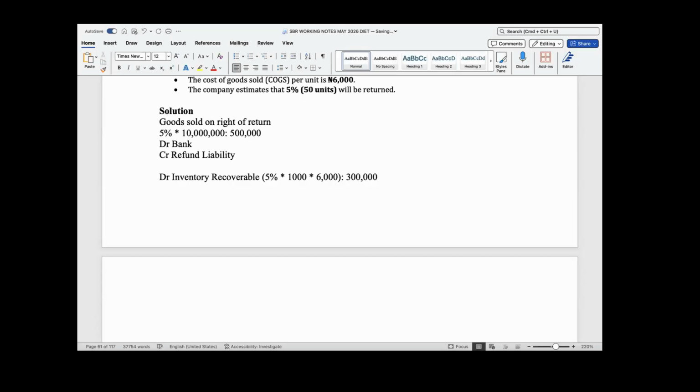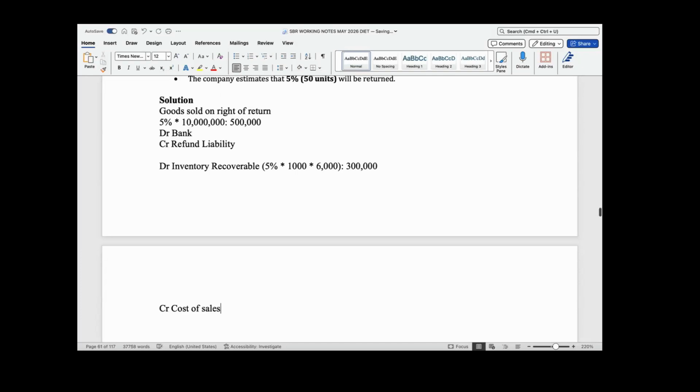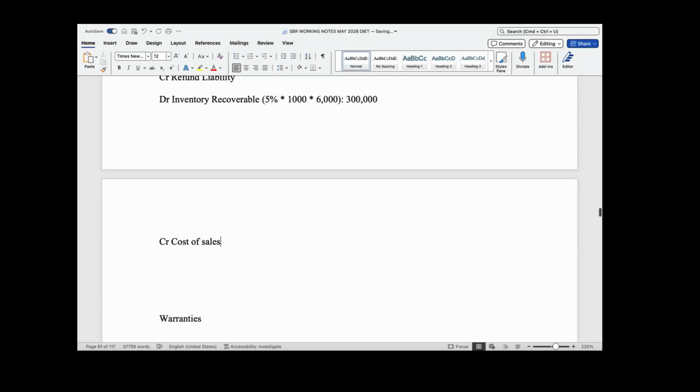That's 300,000, and you can then credit your cost of sales. So this is the only part. You see, the remaining 95% can be recognized as revenue. So that's the idea.